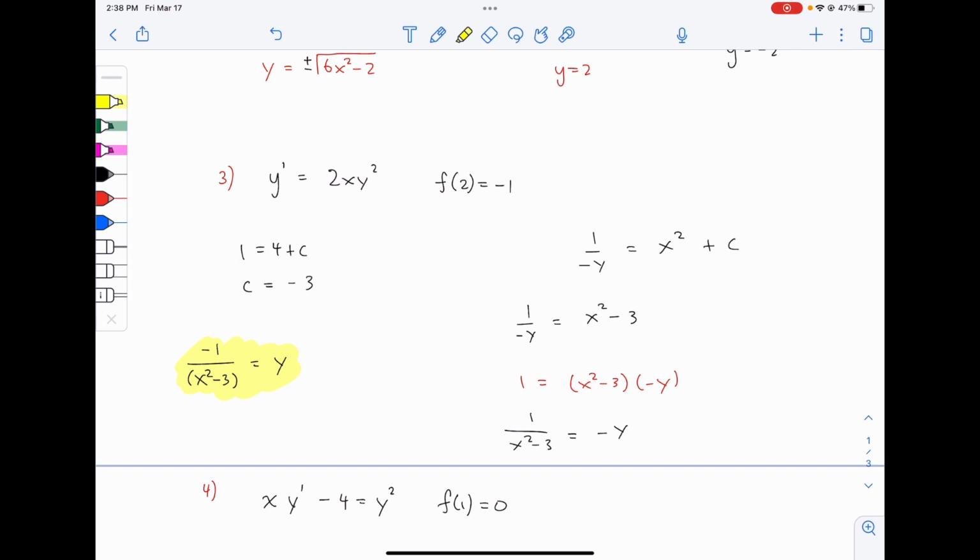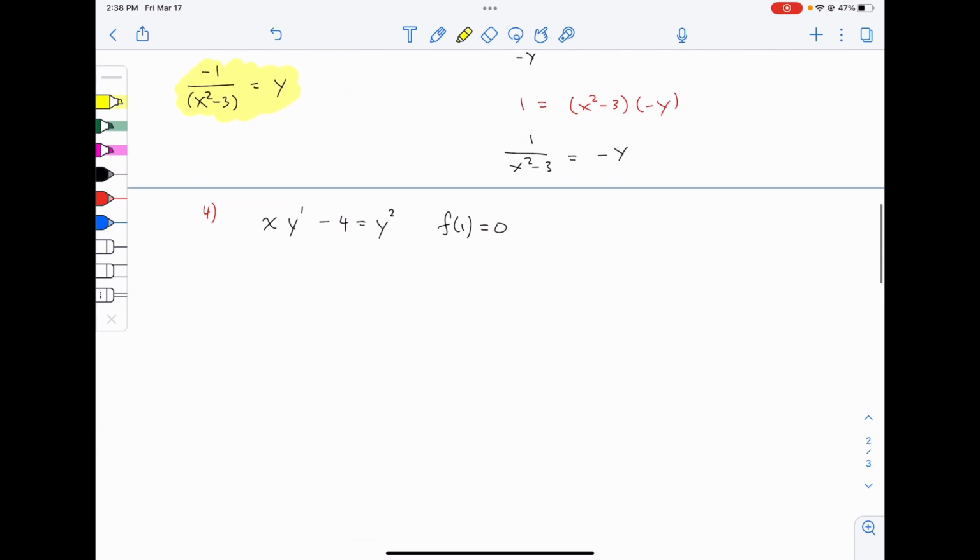Alrighty, let's get to something just a little bit harder. Number 4. We have x y prime minus 4 is equal to y squared. So the first thing I'm going to do, x dy over dx minus 4 is equal to y squared. I'm going to add 4 onto both sides, so x dy over dx is equal to y squared minus 4.